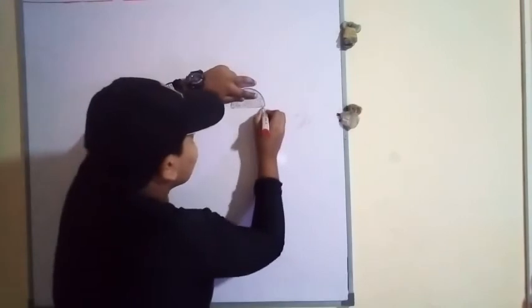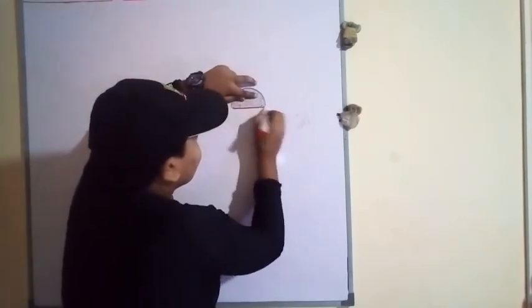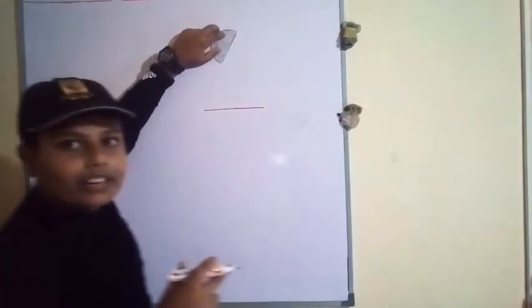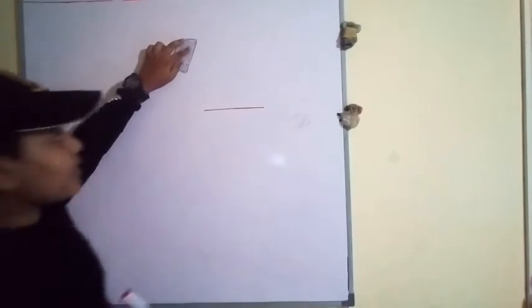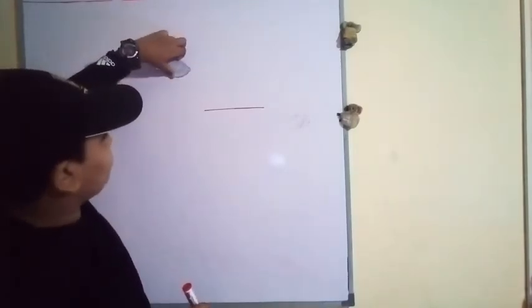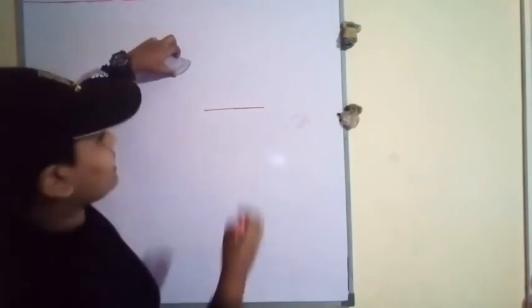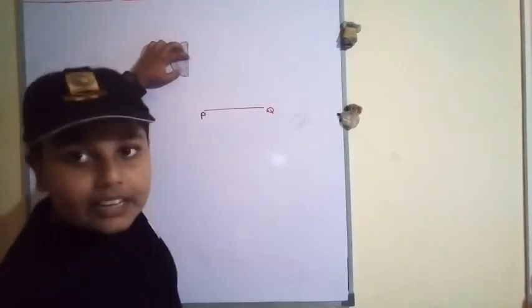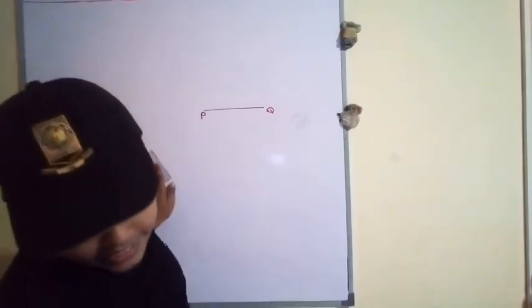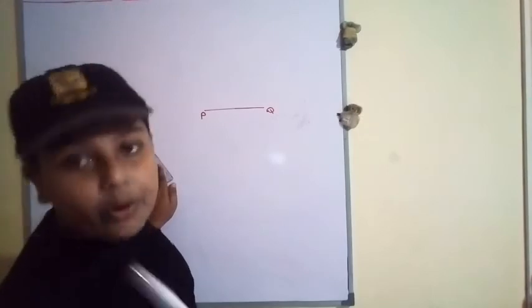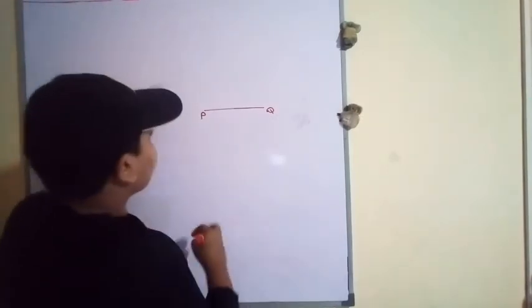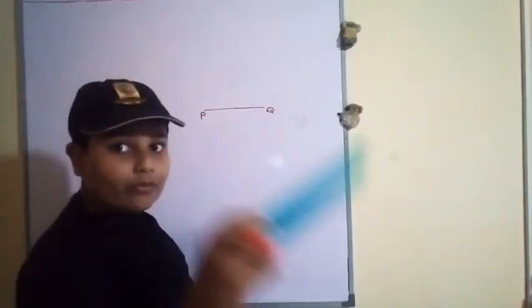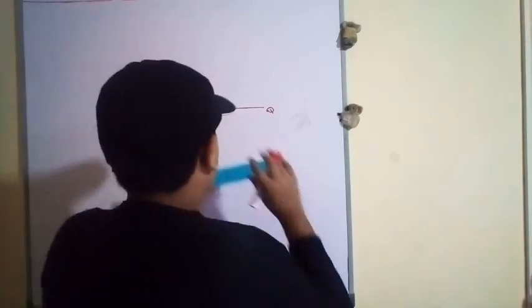I can draw a straight line like this, and name it as PQ. Then draw the straight line KL with the point K located on PQ. Now you want to measure it firstly. Find the center.